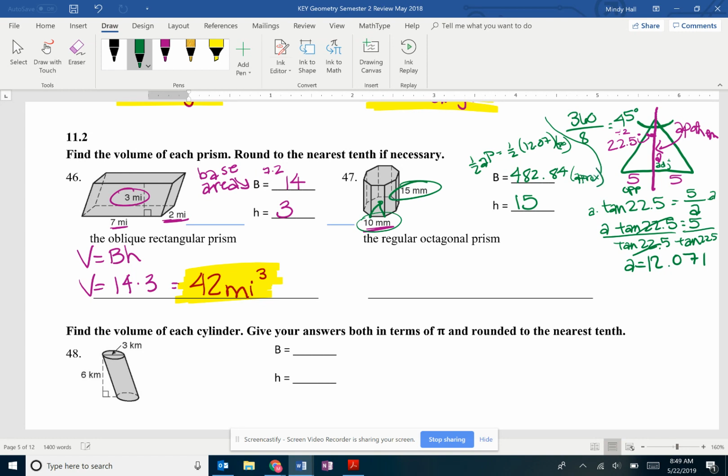So then our volume, because this is a prism, is still going to be base area times height, except now our base area is 482.84 and our height is 15. So then times 15, again, this is with no rounding whatsoever. That gives us 7,242.6.